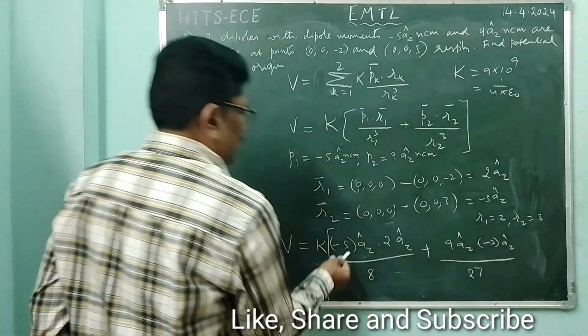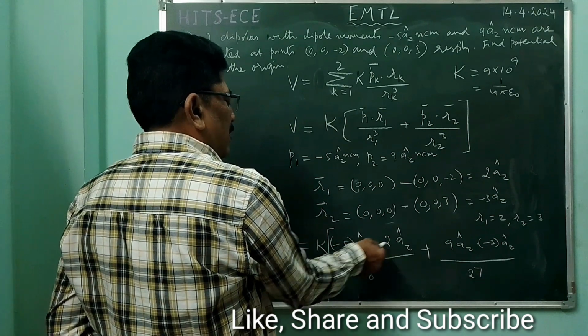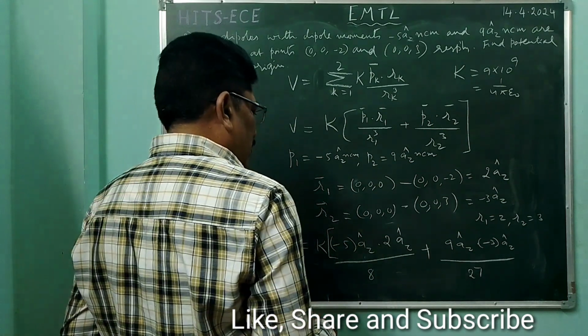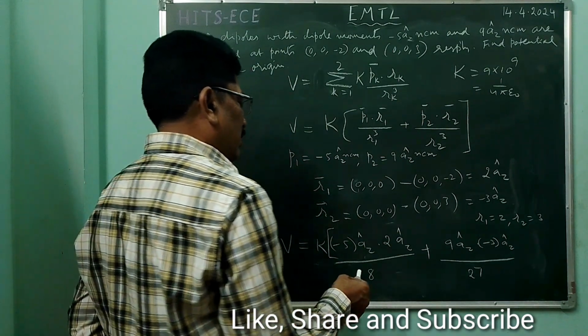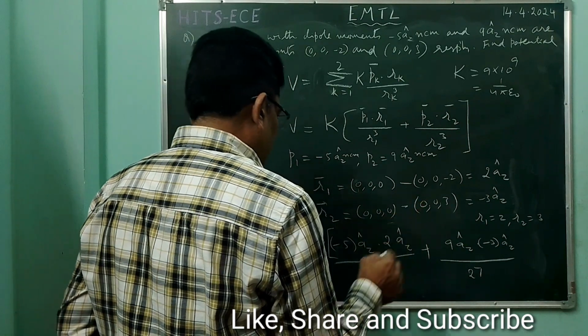The dot product of these two: since these are unit vectors, mod az cap into mod az cap into cos 0. The angle between az cap and az cap is 0, so cos 0 is 1.